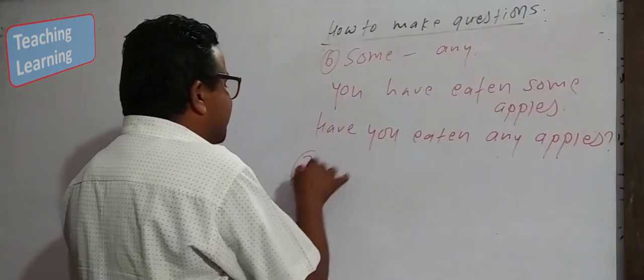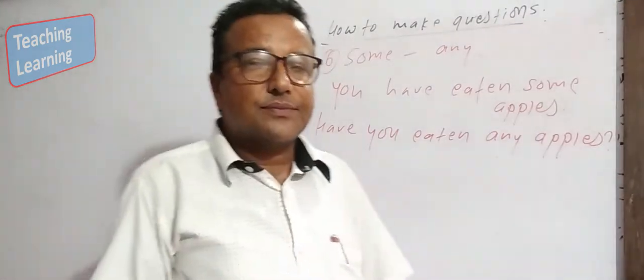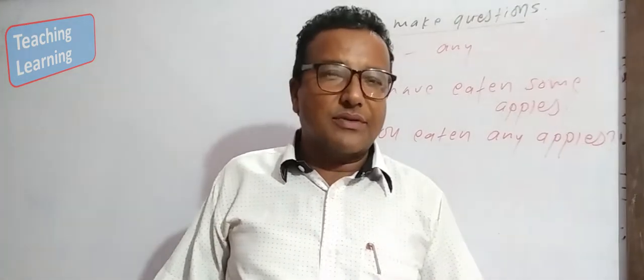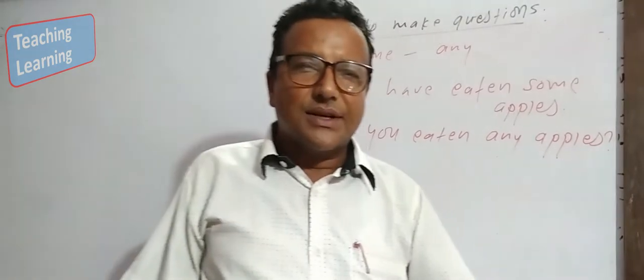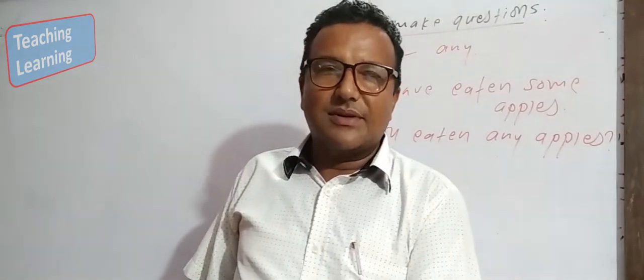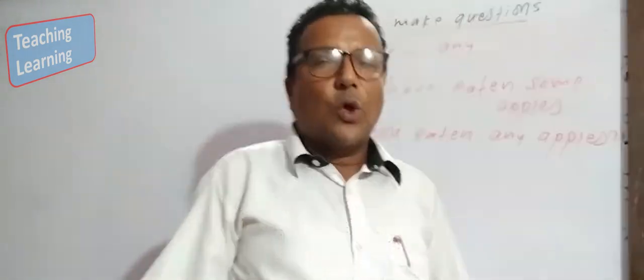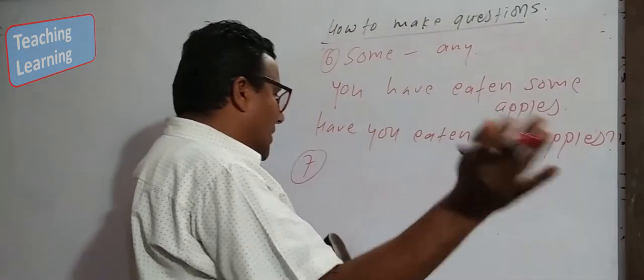And another: if there is no main verb and an auxiliary verb like have is used in the place of the main verb, as in you have had, then we have to follow these rules. Look at here.